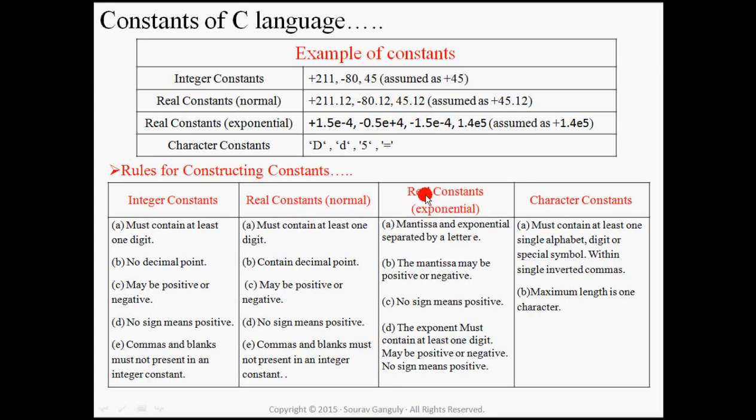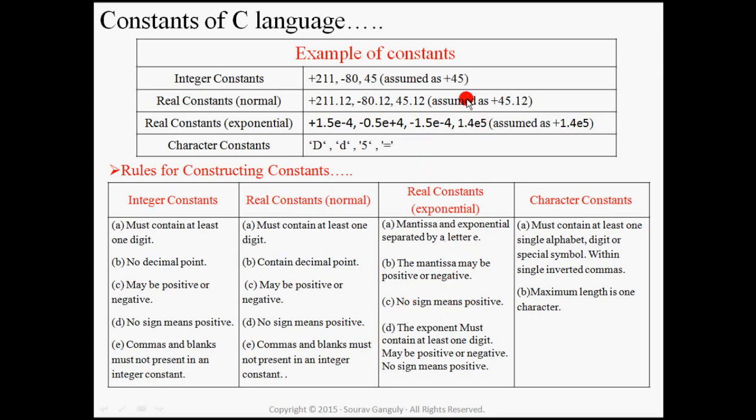Now come to the exponential case. Mantissa and exponent are separated by the letter E. That means 1.4 is the mantissa and 5 is the exponent, separated with the letter E. The mantissa may be positive or negative. That means 1.4 may be positive or negative.